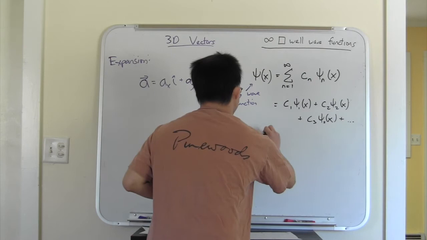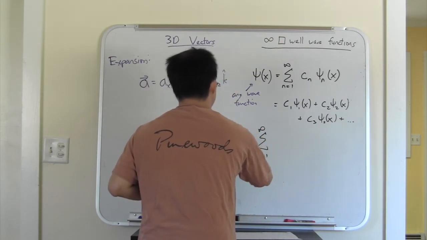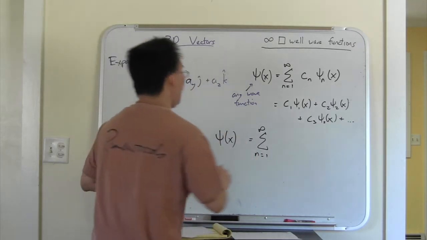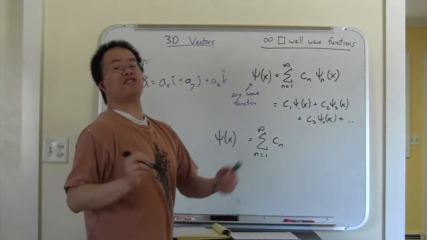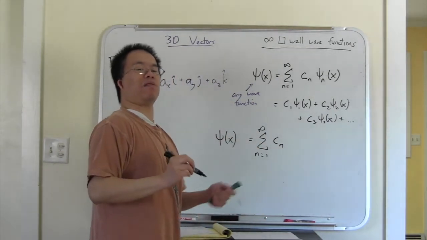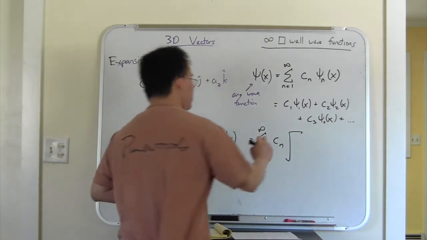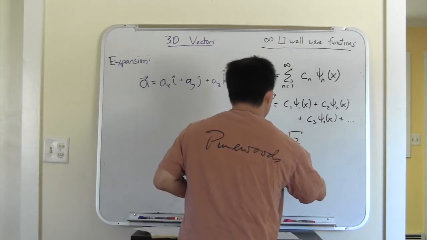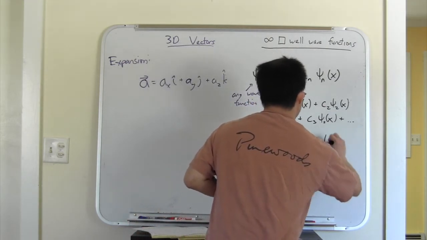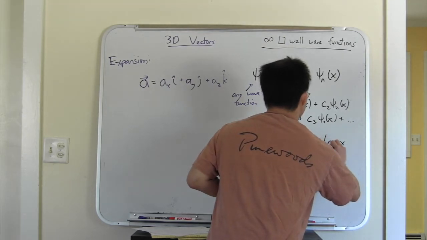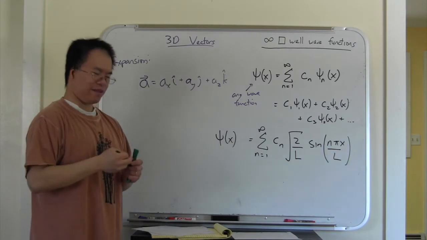So I can write this explicitly from n equals 1 to infinity in terms of c sub n, and then you know what the stationary state wave functions are. We worked this out last week. Properly normalized, they end up going like root 2 over L times sine of n pi x over L.